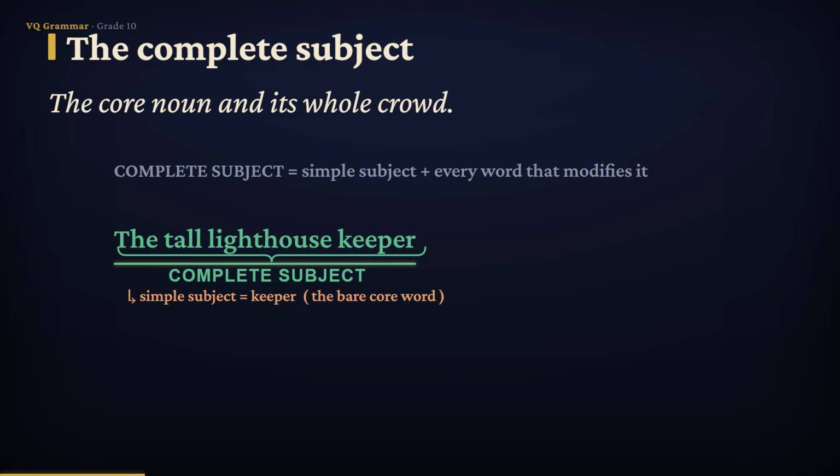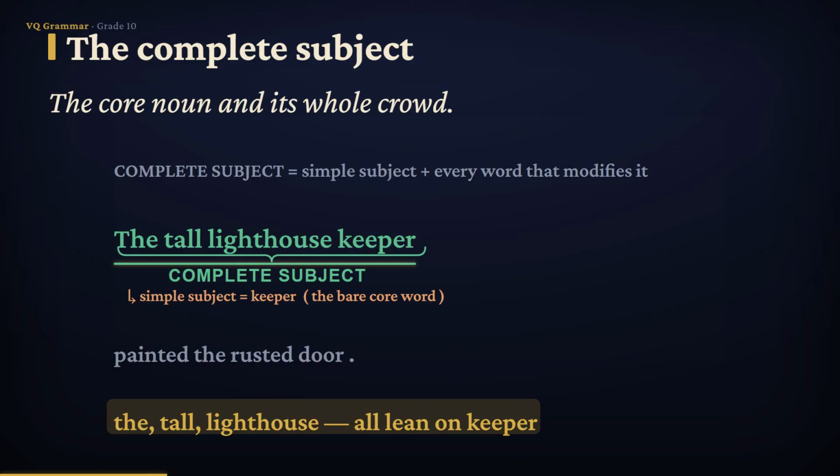All four of those words together form the complete subject. What's left over is the other half of the sentence, painted the rusted door. And here's why those extra words belong on the subject side. The, tall, and lighthouse all lean on keeper. They point him out and describe him, so they ride with him.